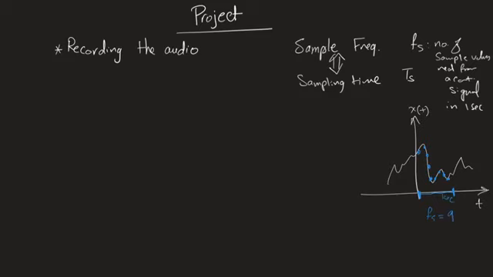Okay? Because I cannot read all these values, it would require infinite memory to read them. So my only option is just to pick some values, and they are always picked at a fixed interval. So I don't pick one at, for example, 1/9 of a second, and then the next one at 3/9 of a second. No, it's just 1/9, 2/9, 3/9, 4/9.